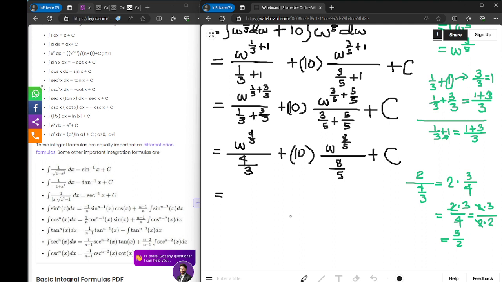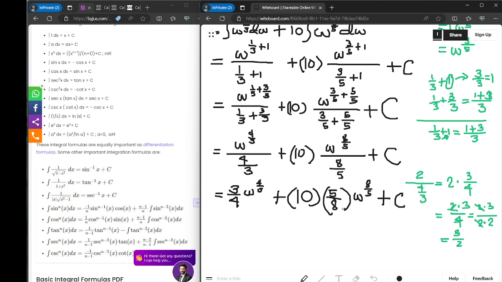We will need to write the constant at the beginning of the term. So this will become 3 over 4 times W 4 over 3. Then plus 10 times, you have here 8 over 5 will become 5 over 8 times W 8 over 5, then plus C.